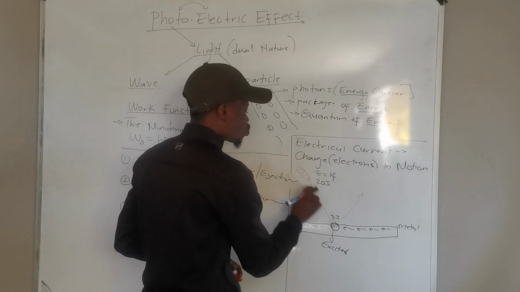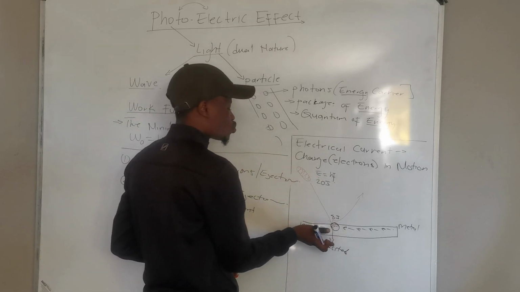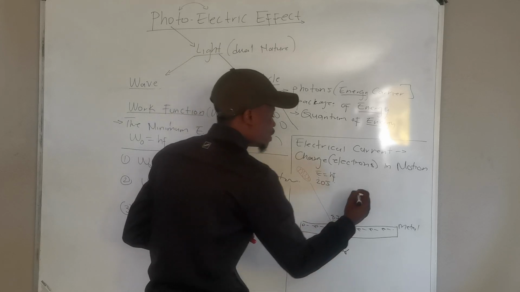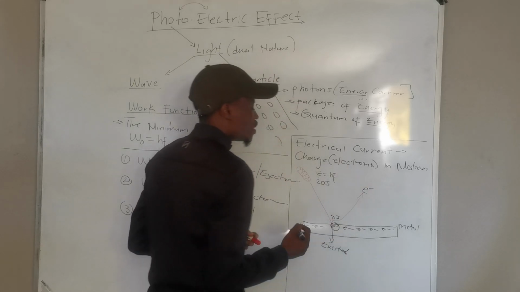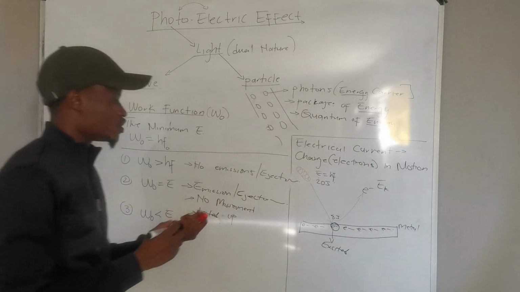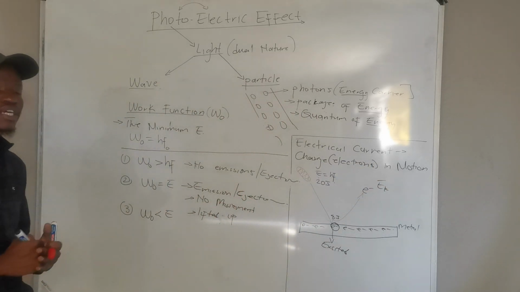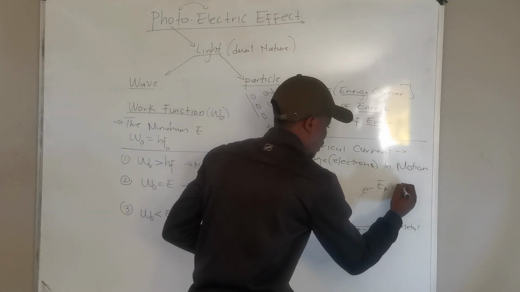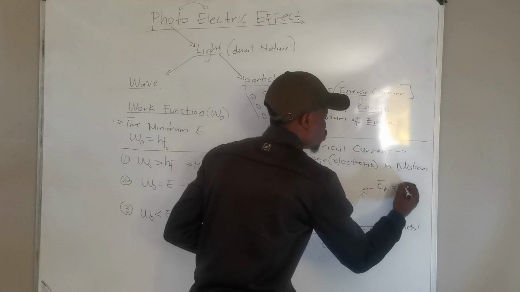So out of the 20, 8 is used to eject the electron. Then now the remaining is going to give the electron its kinetic energy. So I'm going to have my kinetic energy of 12 joules.